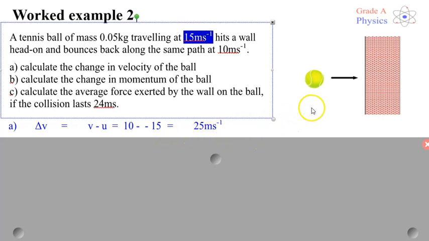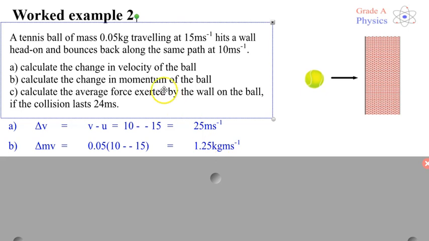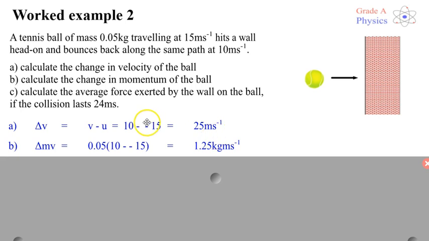You could define a positive towards the right, in which case you get minus 25, which is absolutely fine. So then we work out the change in momentum. So it's just the change in velocity multiplied by the mass. That's straightforward. It's 1.25 kilogram meters per second. So that's a really important idea, the idea of momentum is a vector because velocity is a vector. So you have to take into account the direction.